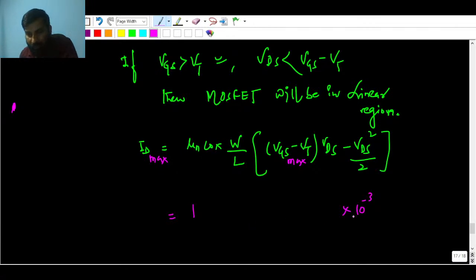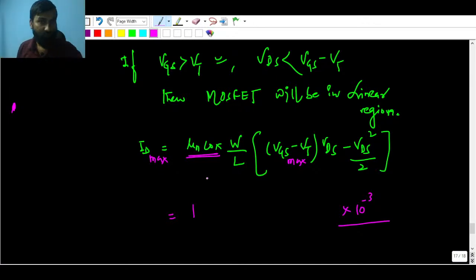The exponent part, 10 to the power something, can be managed manually, and the number can be multiplied using the online calculator. So always keep this in mind. Mu-n Cox is the place where you make mistakes, where I used to make mistakes during the GATE examination. Keep this in mind.